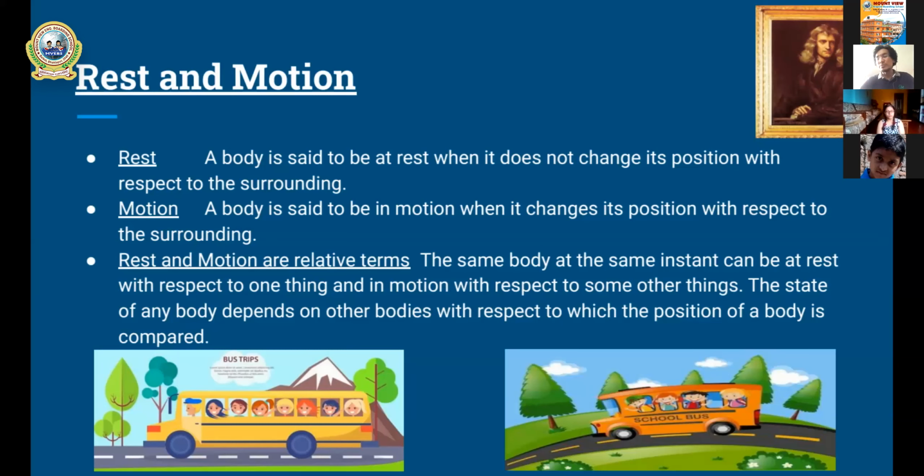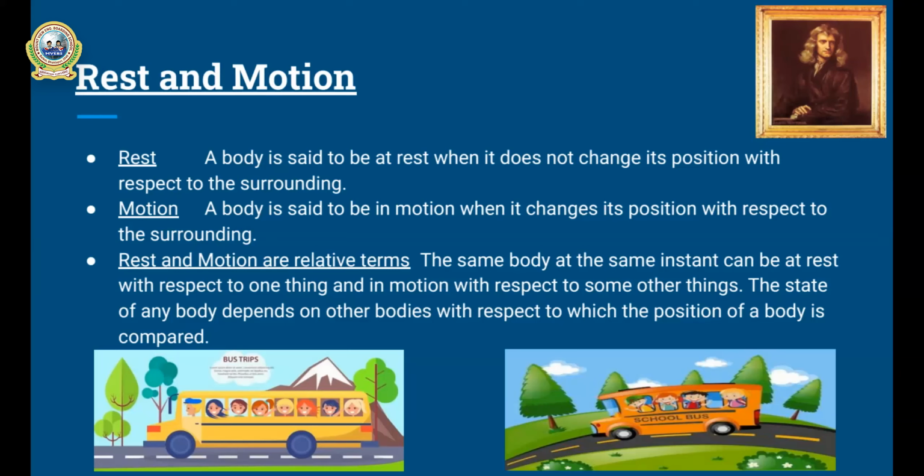Because with respect to the bus, the passengers do not change position. For a long time, the passengers and the bus are in the same position. Whereas with respect to the outer surrounding, let's say trees, for a few seconds the passenger can be in one place, but after a few seconds the passenger can be in another place. So with the outer surrounding, the passenger is in motion.